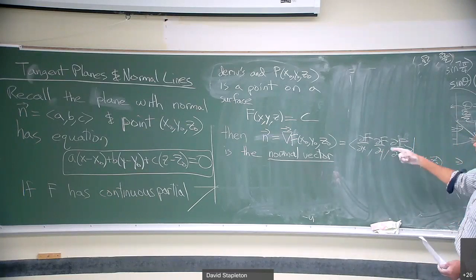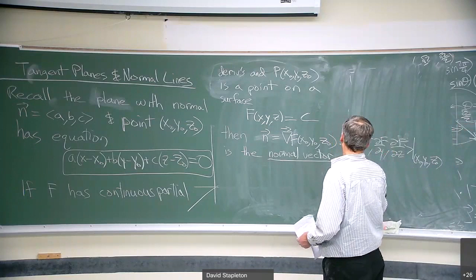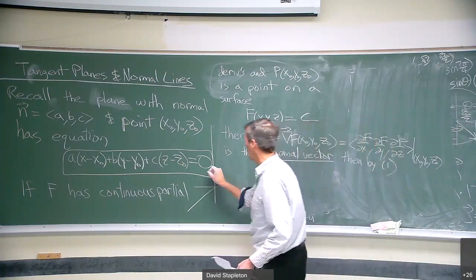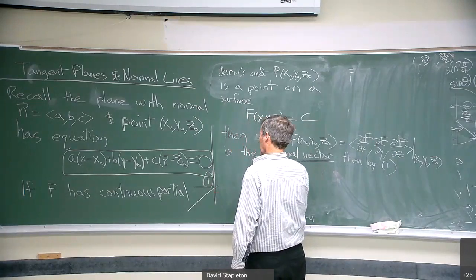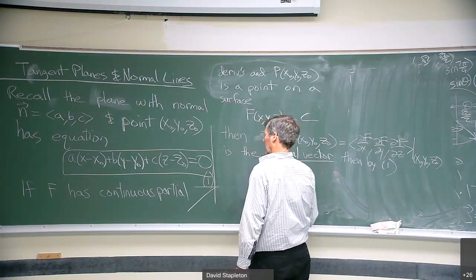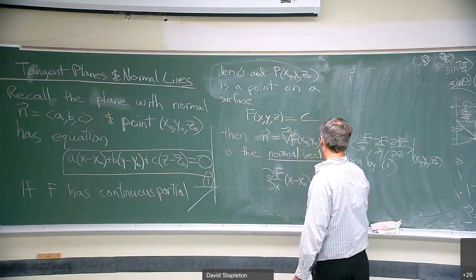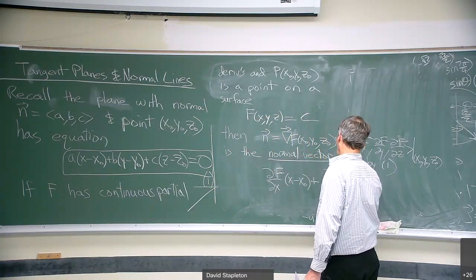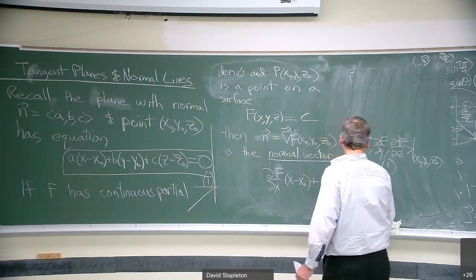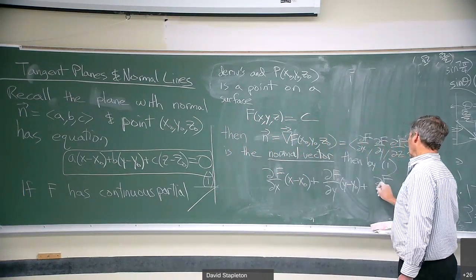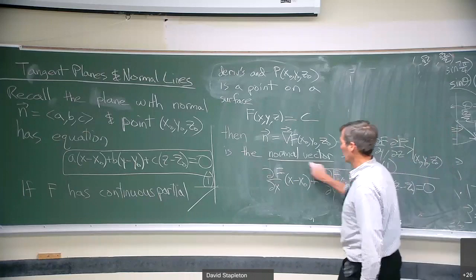It's obvious you have a point and you have a normal vector. So by equation 1 here, you have this tangent plane: df/dx times x minus x naught, plus df/dy times y minus y naught, plus df/dz times z minus z naught equals 0 is the tangent plane.